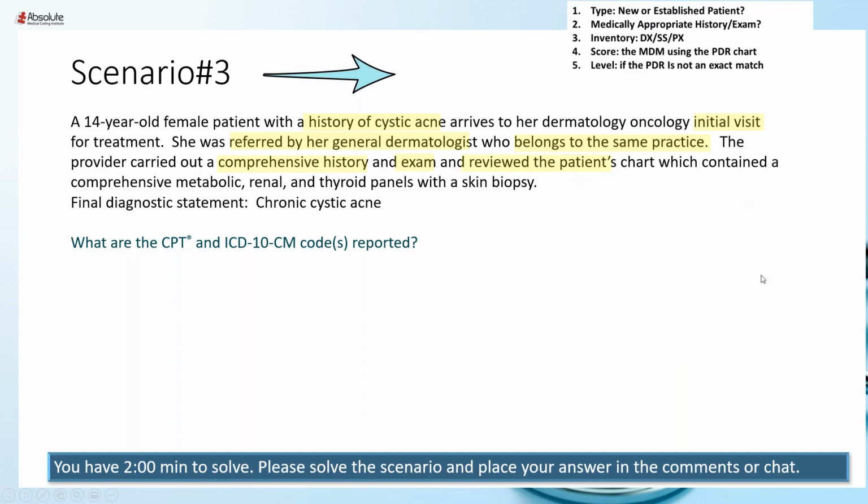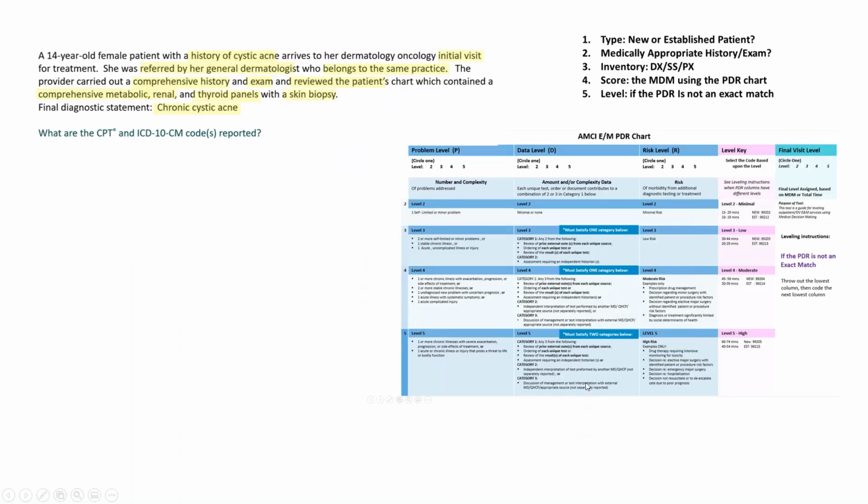Review the patient's chart, which contains a comprehensive metabolic, renal, thyroid panels with a skin biopsy. Final diagnostic statement, chronic cystic acne. Good deal. You all are doing it. They're saying, yeah, this is a new patient visit. Indeed it is. Outstanding.